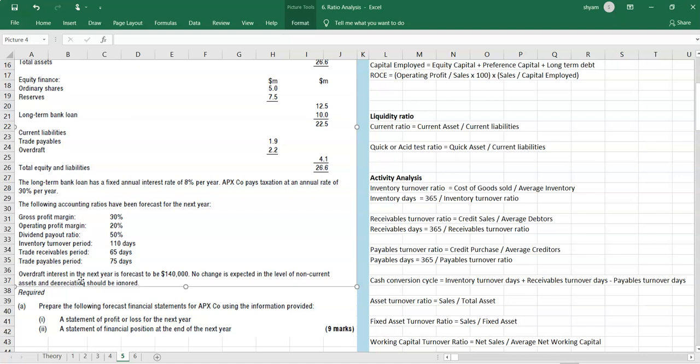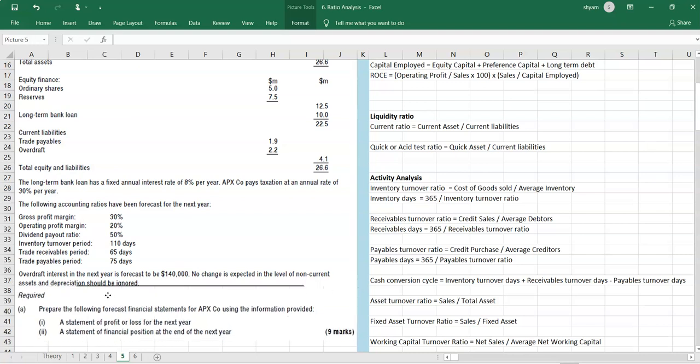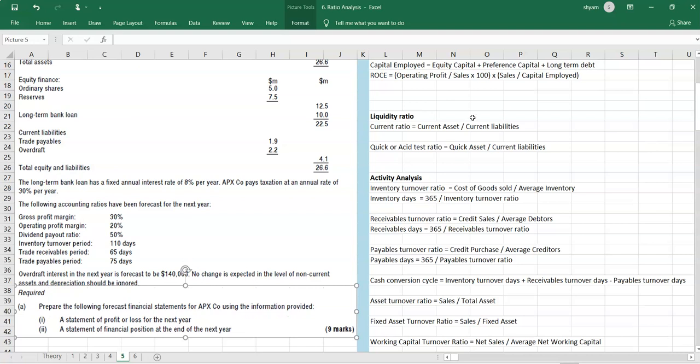Overdraft interest in the next year is to be forecasted at $140,000. No change is expected in the level of non-current assets, and depreciation should be ignored. So that's about the concept here.